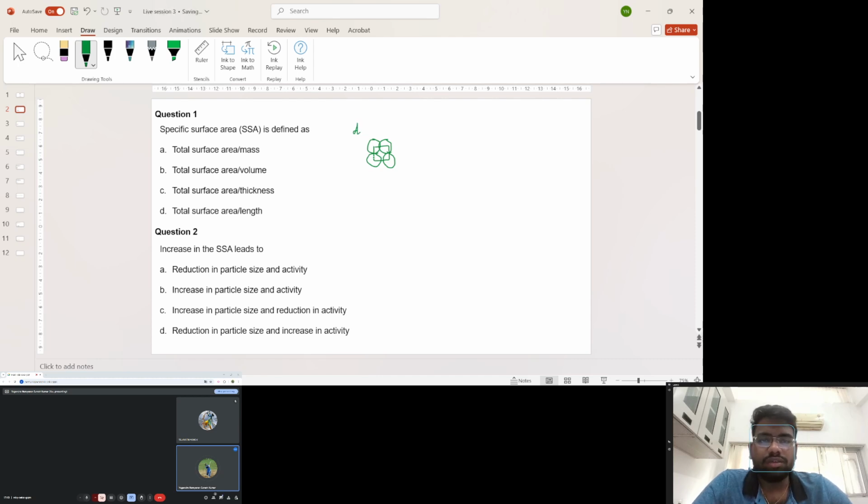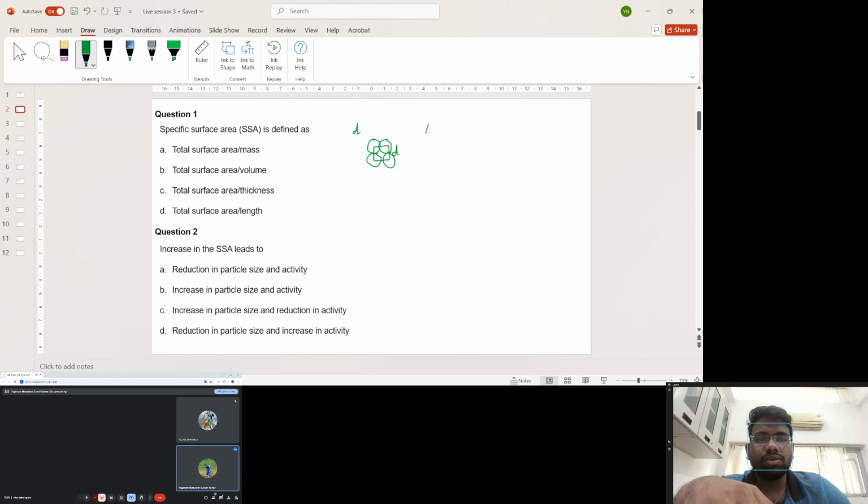So this single side of the square will be d, right? Yes, sir. And the surface area will be d square. And how many faces are there? 4, sir. Now consider it in 3D. 6 faces.